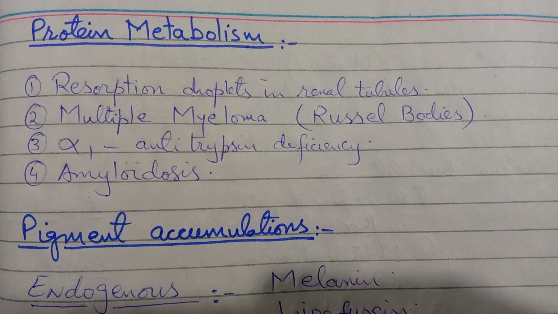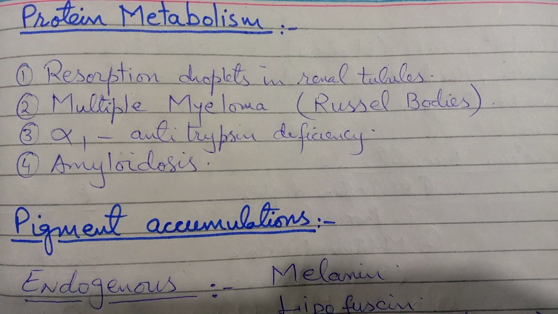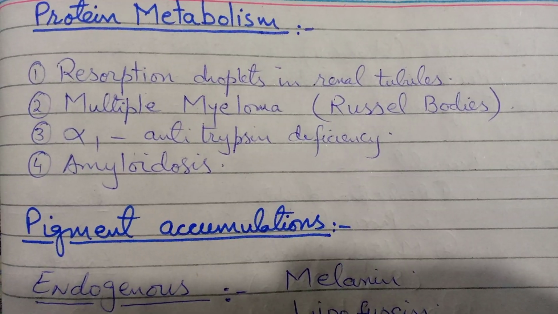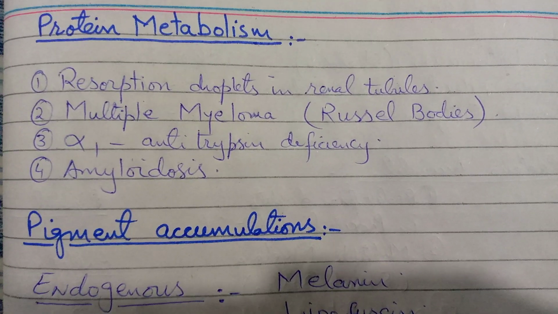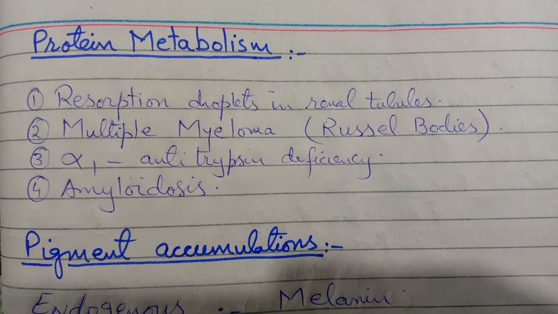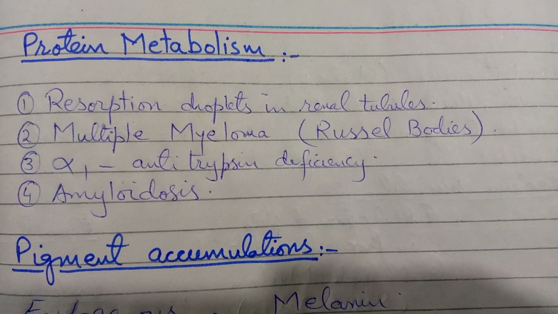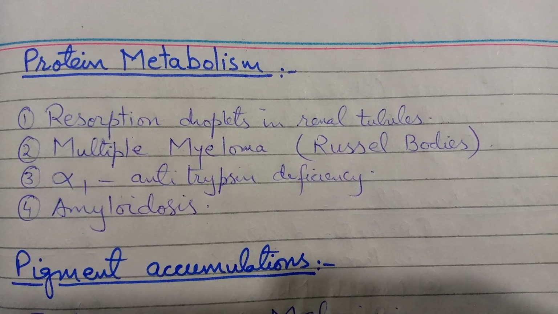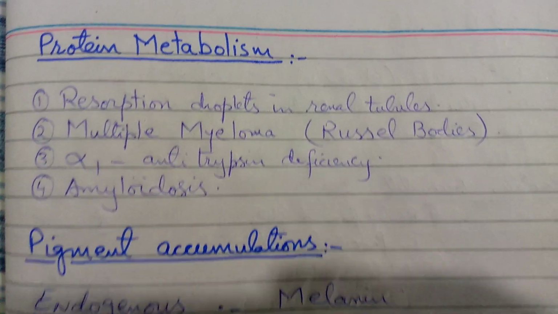Alpha 1 antitrypsin deficiency is an inborn or genetic error. Number fourth one is amyloidosis. It is accumulation of protein metabolic byproducts in different parts of the body, especially in the lungs.